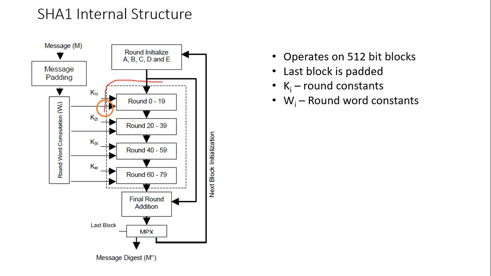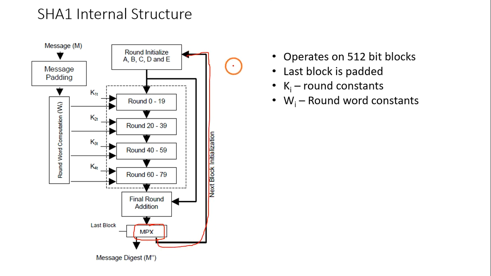Once the 80 rounds are completed, whatever values of A, B, C, D, E you get are added with the initial values of A, B, C, D, and E again. These are the changed values, and this arrow is the initial values. We add both of them, and MPX means multiplex. Then we move on to the next block.